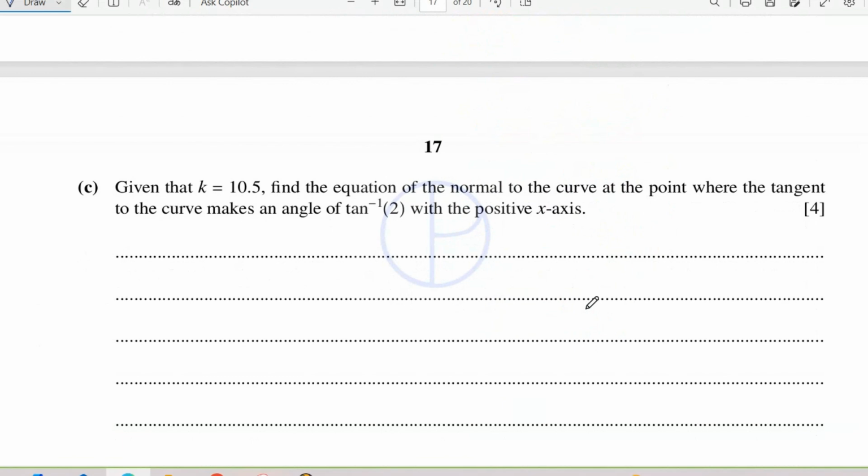The next part of the question is, given that k is equal to 10.5, find the equation of the normal to the curve at the point where the tangent to the curve makes an angle of tan inverse of 2 with the positive x-axis. Suppose this is a tangent, and here it makes tan inverse of 2.